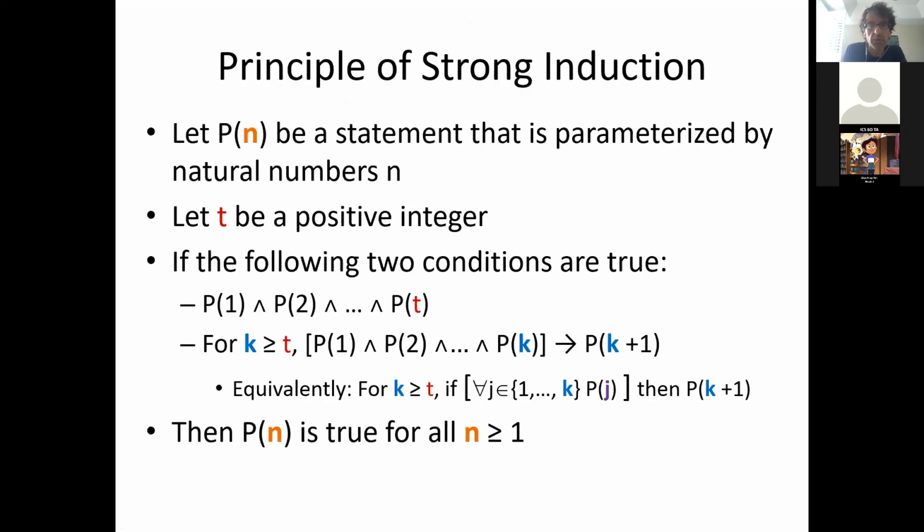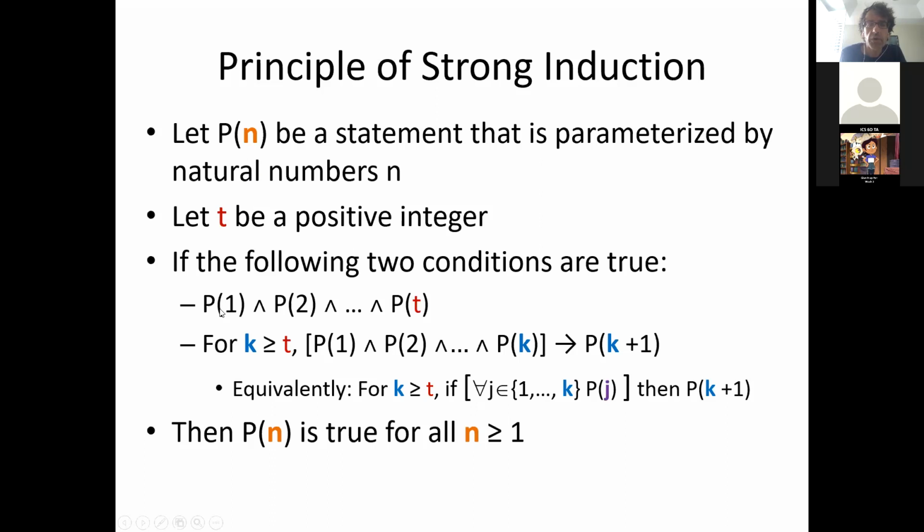So here is the strong induction in general terms. You're proving some statement parameterized by an integer as before, some predicate, and there is some threshold t. In the case of Fibonacci, it was t equal 1 or 2 or whatever.